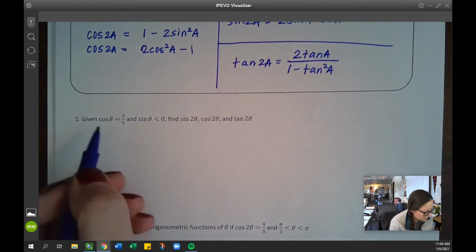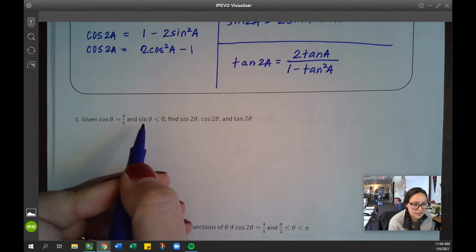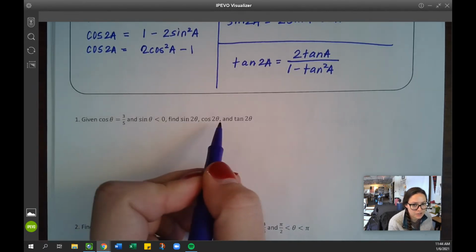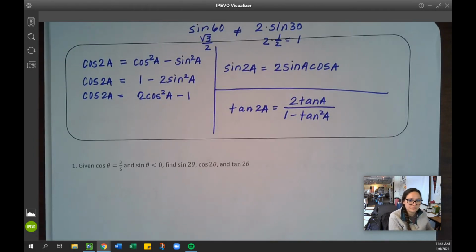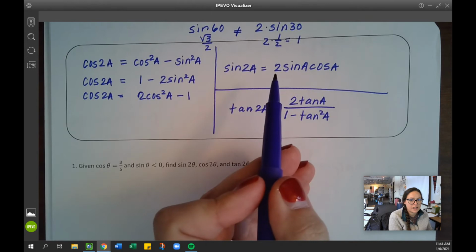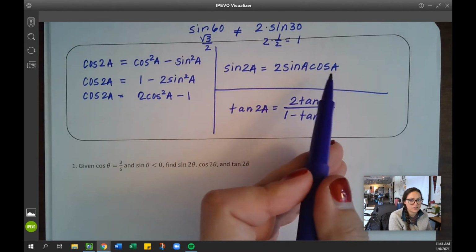So given that cosine theta is 3/5 and sine theta is less than 0, find sine 2 theta, cosine 2 theta, and tangent 2 theta. Okay, so in order to find sine 2 theta, I need to know the sine of theta and the cosine of theta.